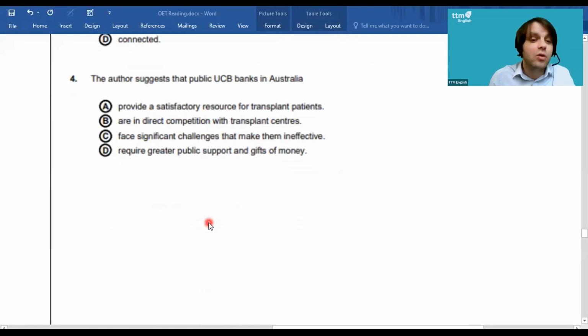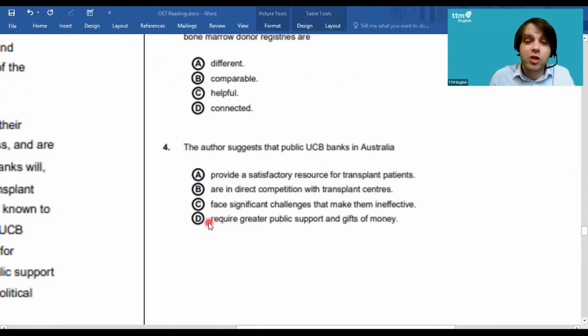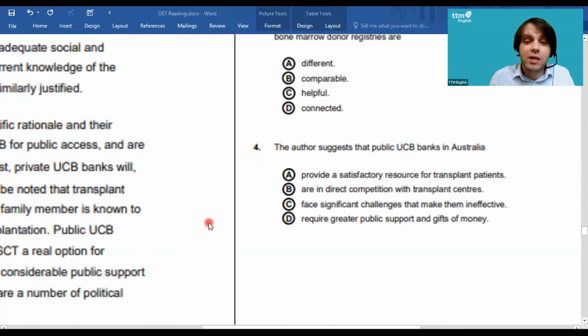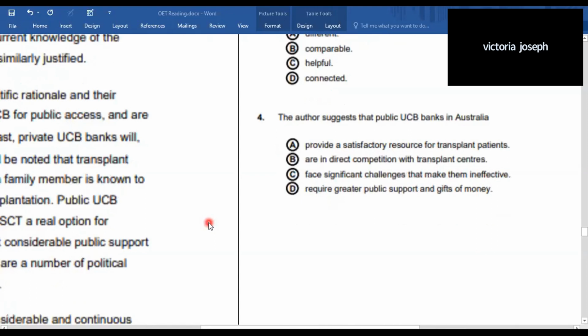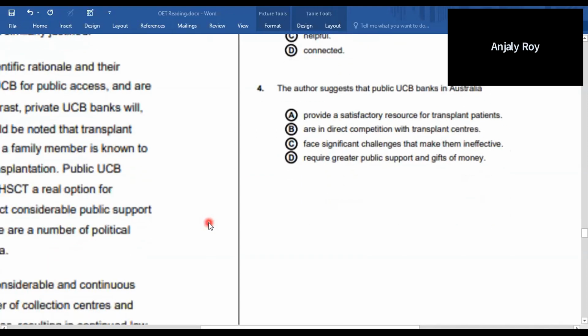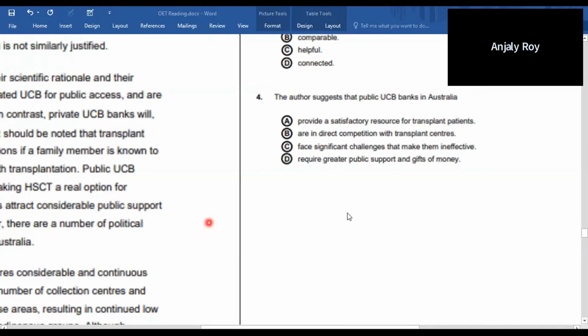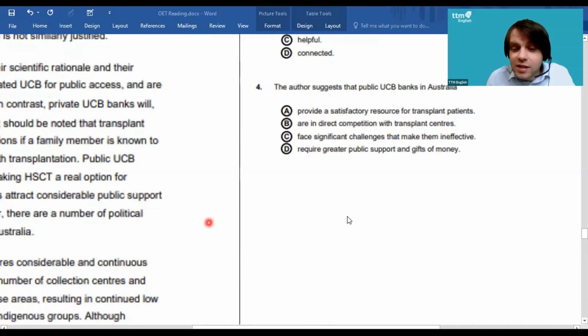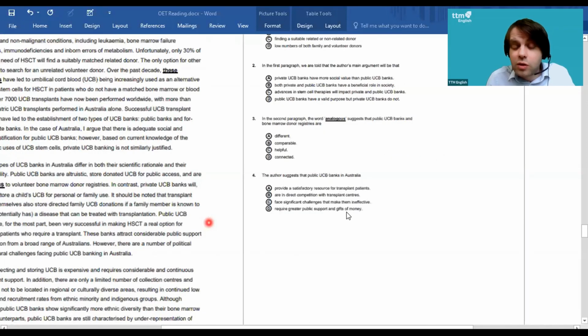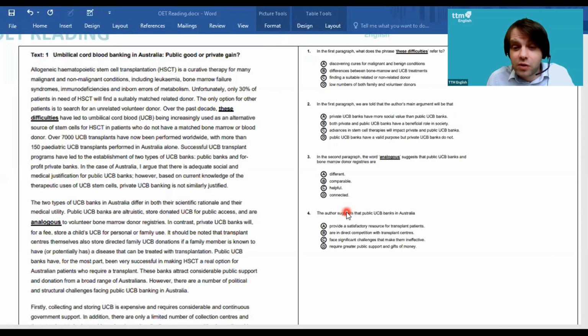You're all welcome to put on your microphones now and shout out. What's a good keyword here? Suggest? Big banks? Australia? Suggest is never a good keyword because there are so many different synonyms for suggests. You will probably never find it.